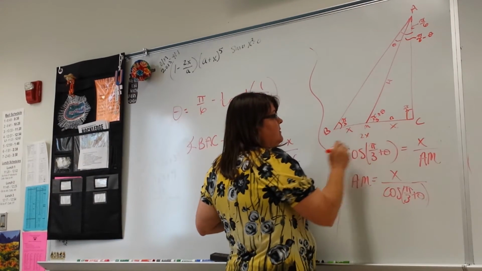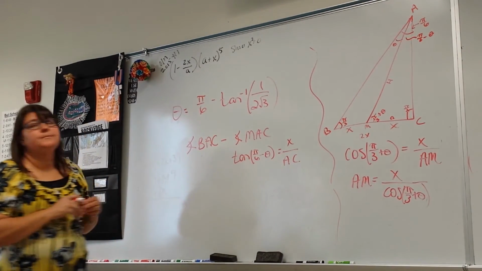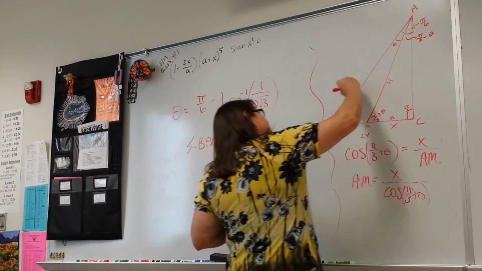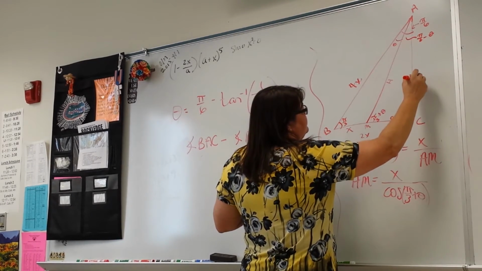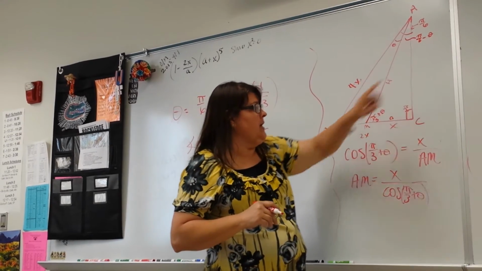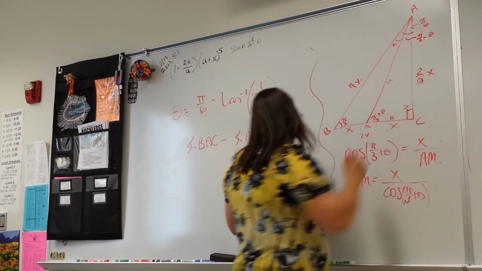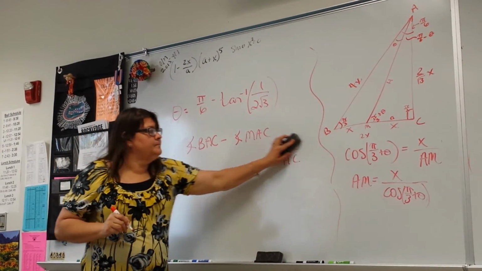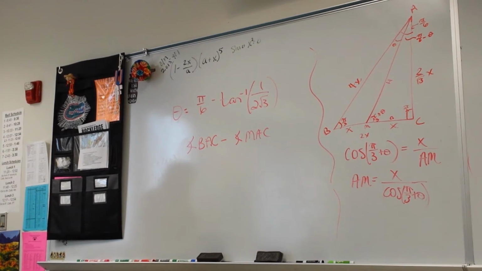So the hypotenuse is 4x, and then that means AC is 2x times the square root of 3, right? The hypotenuse is 2, the one that's opposite the 30 degrees is 1, and the opposite of 60 is square root of 3.